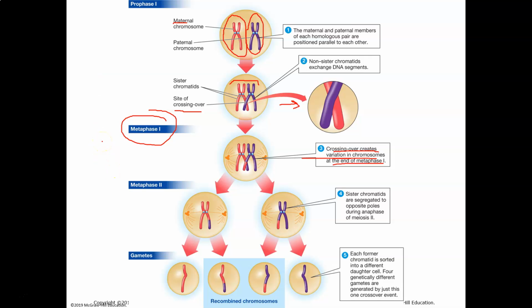That's why your parents can have certain traits, and you have maybe some of those traits, but you may have different traits. Where did they come from? Well, they came from the swapping of these parts of chromosomes. And that whole thing is called crossing over. It happens before you get to metaphase 1.